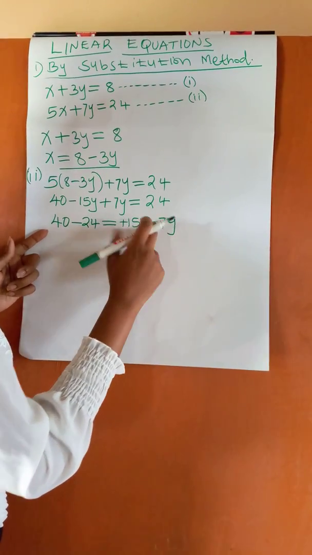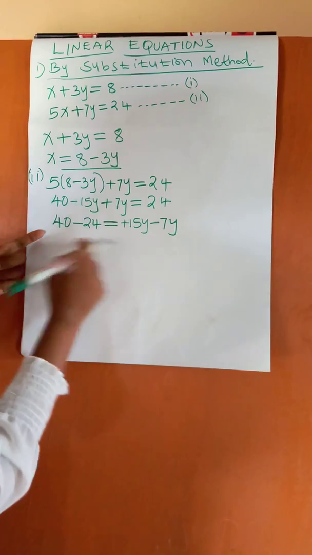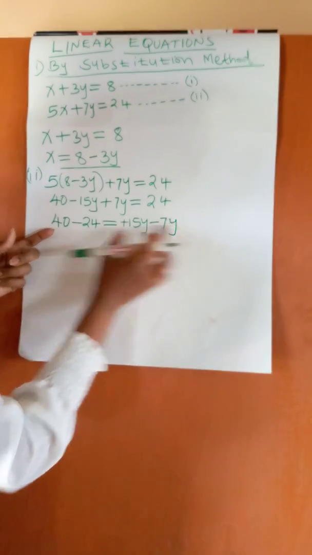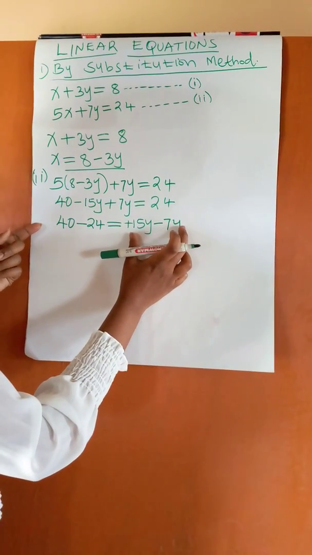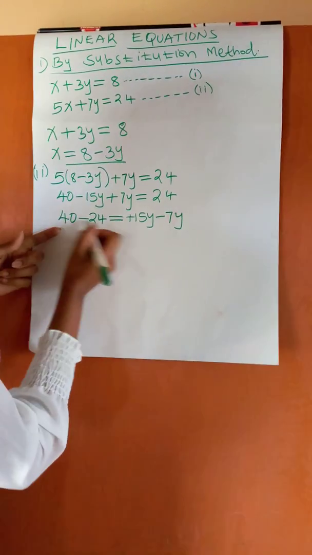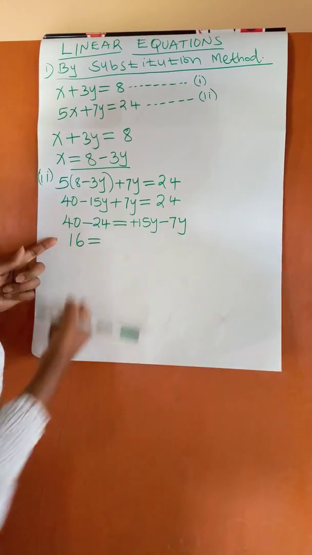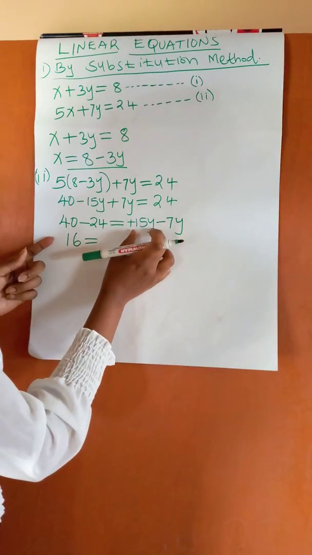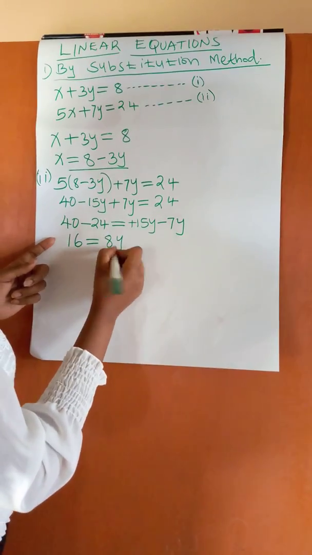Remember, the sign changes to the opposite. So at that point, we simply subtract, because we have like terms together. These are numbers, and these are variables y. So 40 minus 24 becomes 16, equals sign. Then 15 minus 7 becomes 8, and then we have variable y.